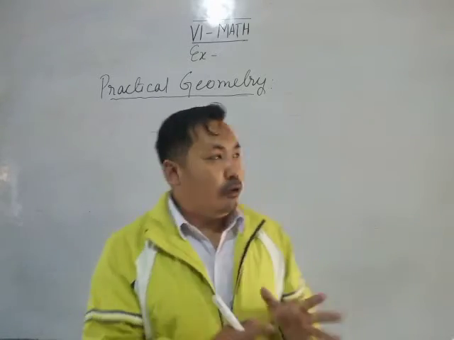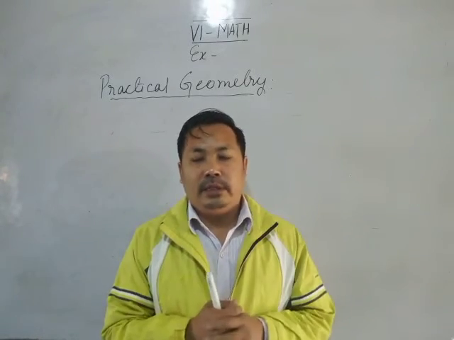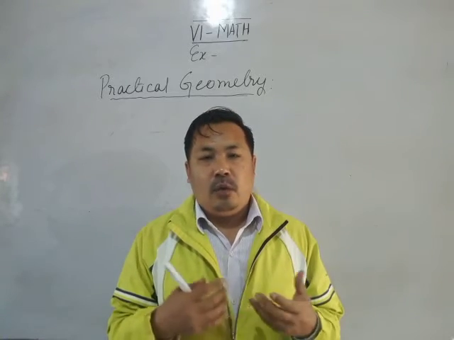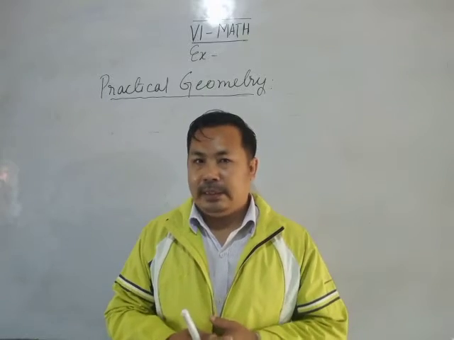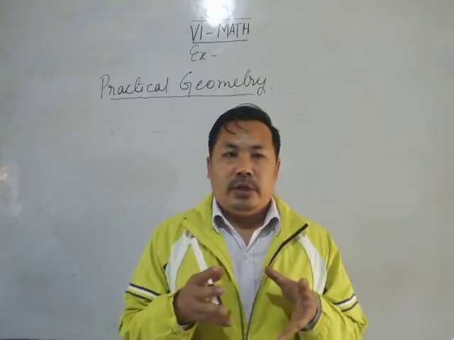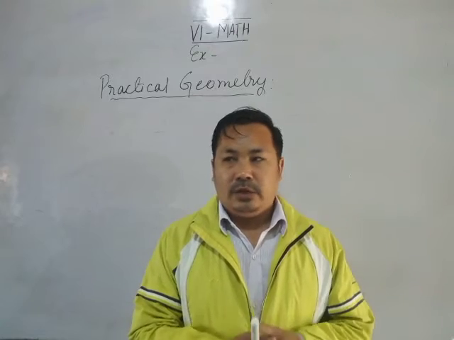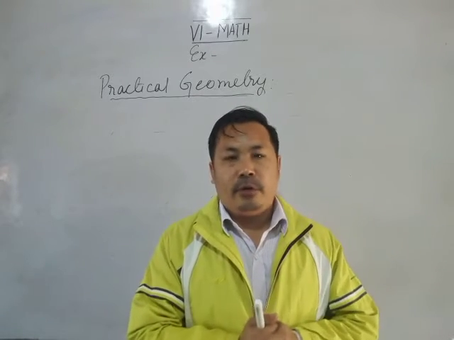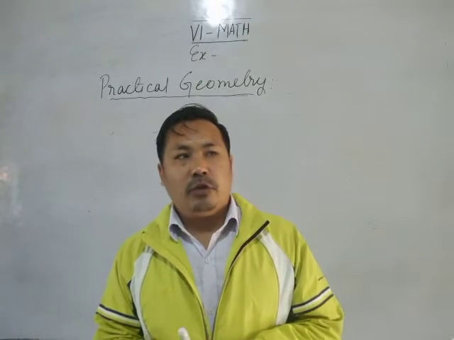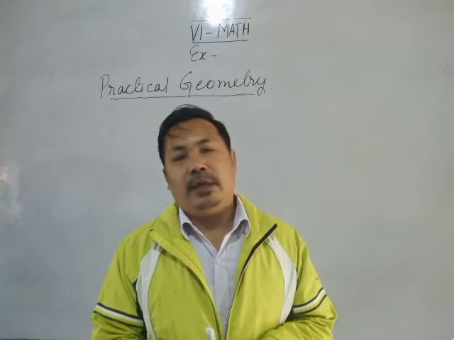Before we go to the exercise, let us have some review of chapter number 14, which we have already touched on in other classes. We know some of the geometrical tools or devices in the geometrical box. First of all, the compass. The compass is a very important device used in practical geometry, and every construction of practical geometry is not possible without the compass.